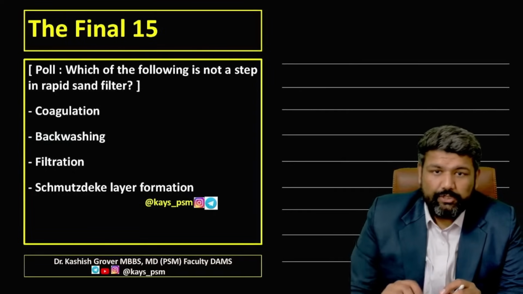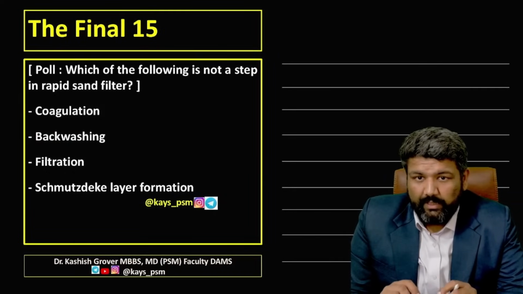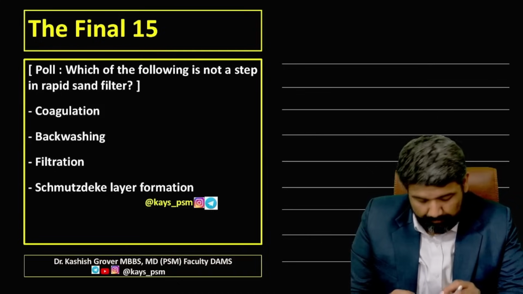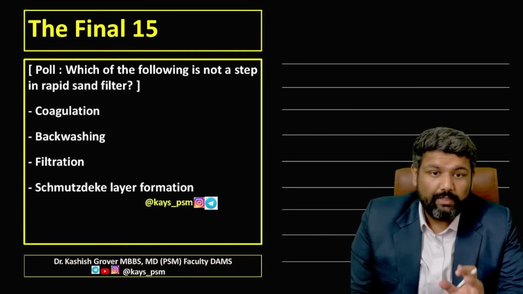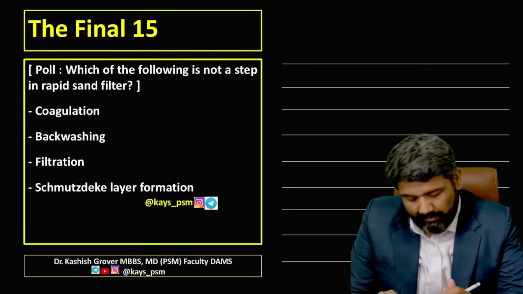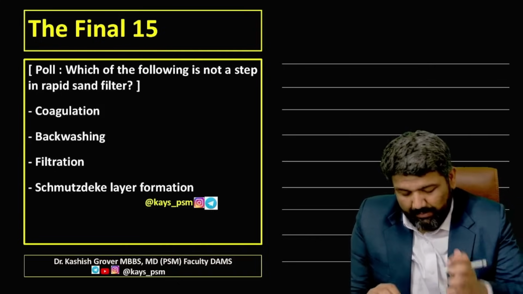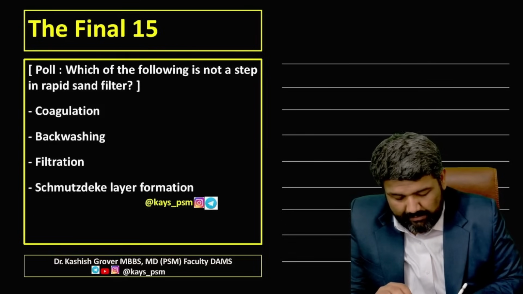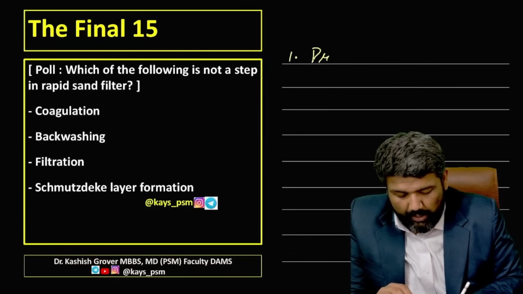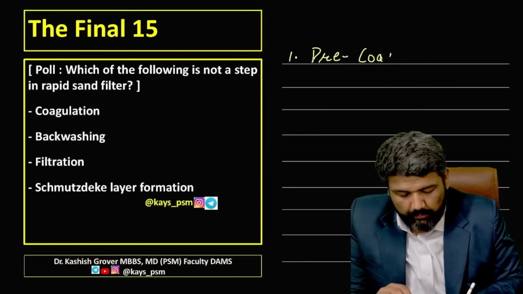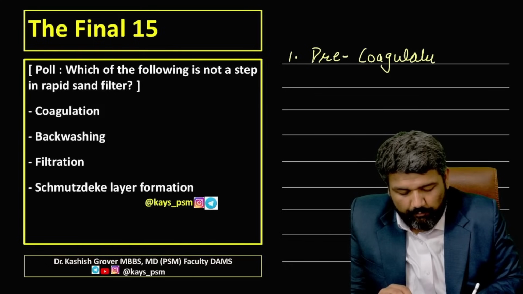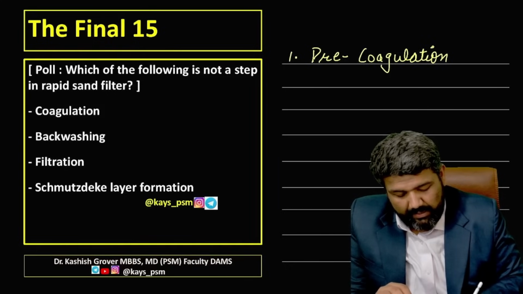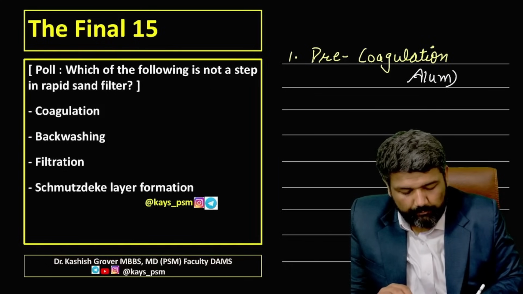Coming to the next question, which of the following is not a step in rapid sand filter? Guys, in rapid sand filter, the first step is precoagulation. In the first step of precoagulation, we mix alum with the water.